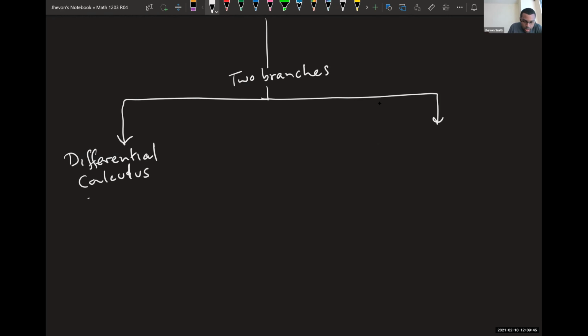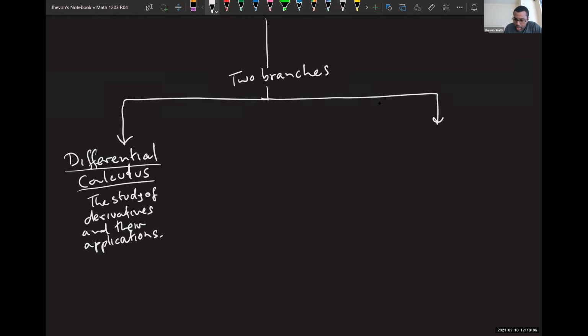This is the study of derivatives and their applications. Okay, then we have integral calculus. And this is the study of integrals and their applications.